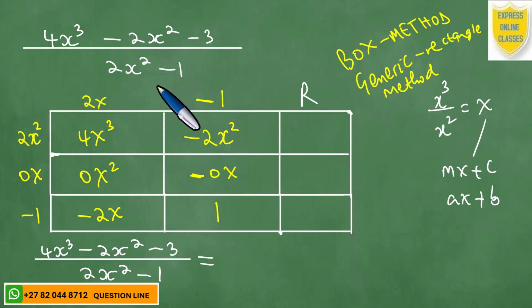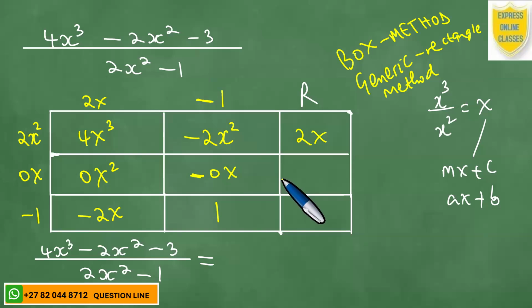And so what you also need to take into account is the fact that if you add all these together, you must be able to get exactly a 0x, which means that you must put a 2x there. We must put a 2x there exactly.